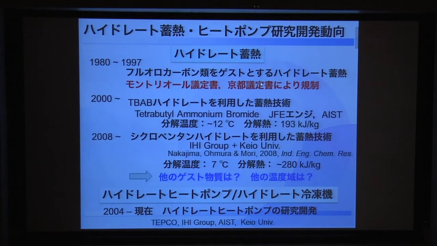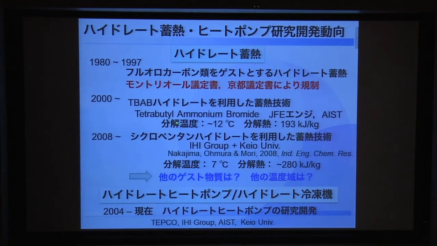Due to the Montreal Protocol and the Kyoto Protocol, people had to move away from these types of materials, and at the same time, people basically gave up hope on hydrate thermal storage. That was the tendency in the thermal engineering field.